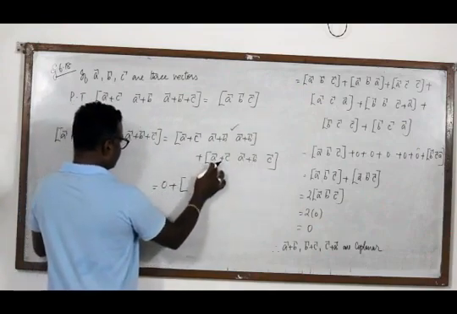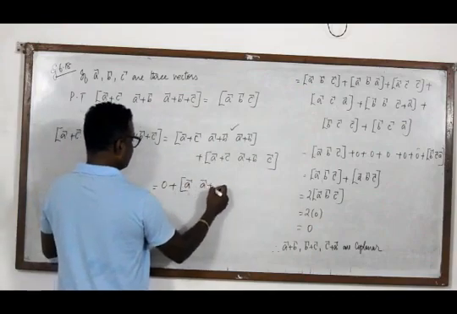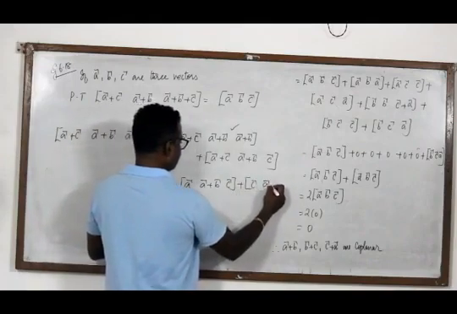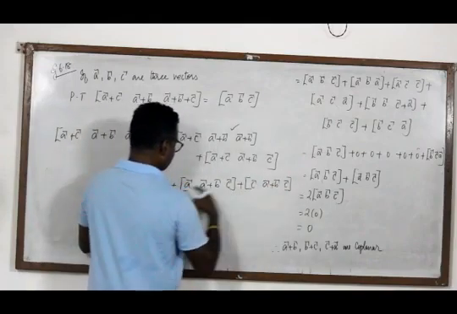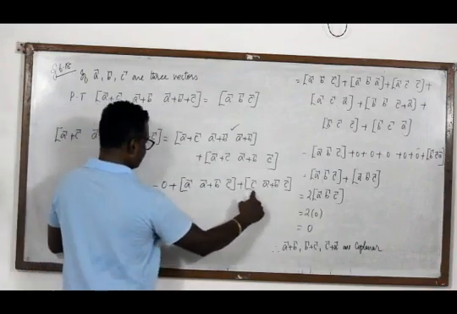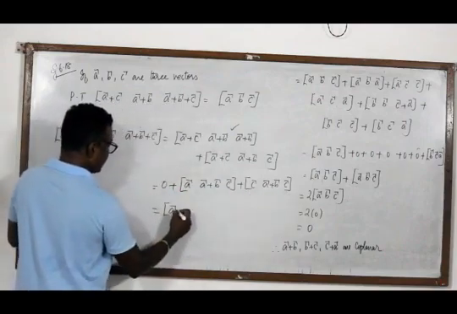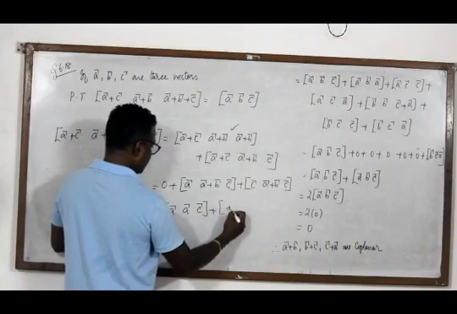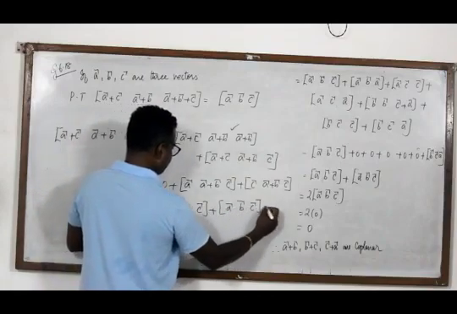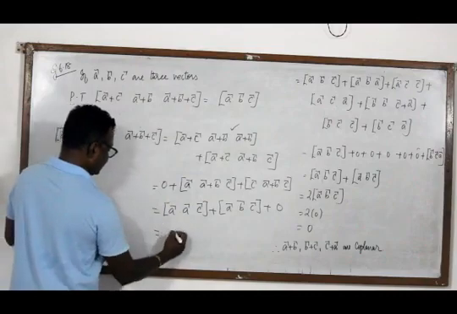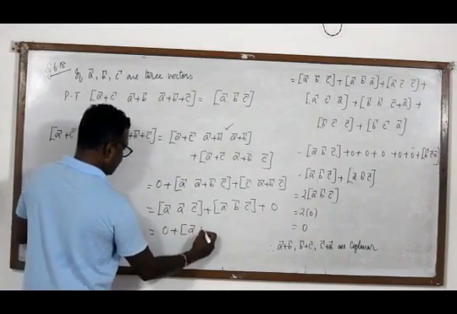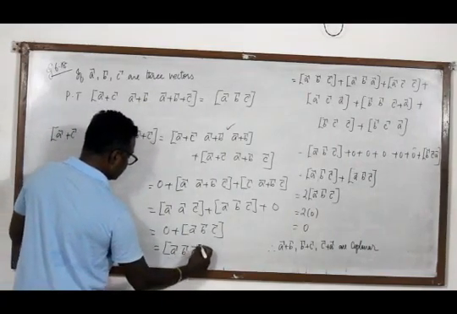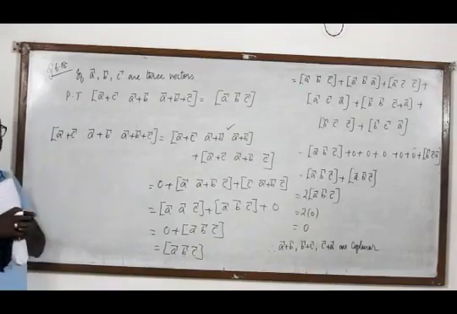Plus, now shall I write this one as A vector, A plus B, C plus C vector, A plus B, C. Now this one is becoming 0 because C is repeated. So A plus B can be written as A, A, C plus A, B, C, plus 0. Now this is 0. I have only A, B, C. So the answer is A, B, C, which is proved. So with that, all the example problems are over.